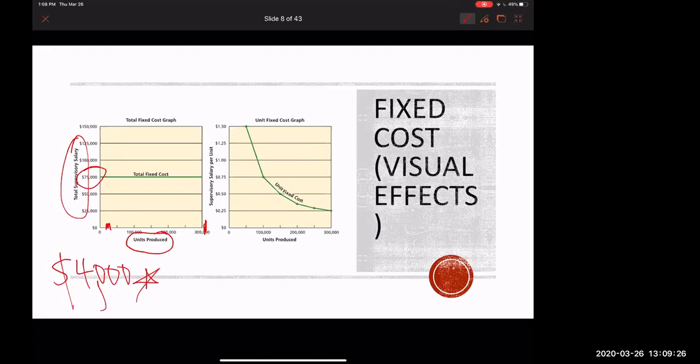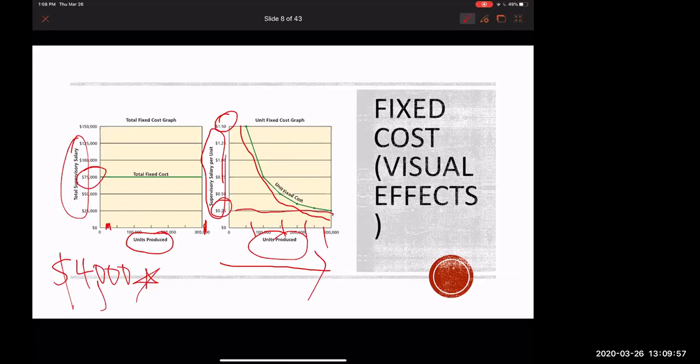Lastly, what we see here in our next example is the supervisor salary per unit, right? And then again, our number of units. So what we're saying is, as we produce more units, the cost per unit starts to decline. It started from, you know, $1.50, but as we produced more and more and more, it started to decrease until we were at 25 cents.